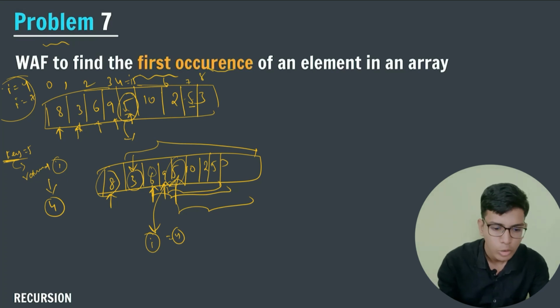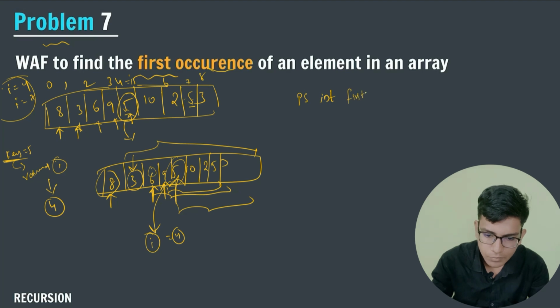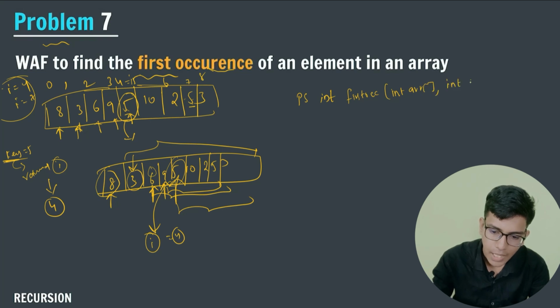Now let me write the pseudocode for this. First of all, I am going to write a public static integer type function, because I am going to return the index of that particular element. So int, after it first occurrence. In this I am passing int arr, after it int I, that is my index value, after it int key value.